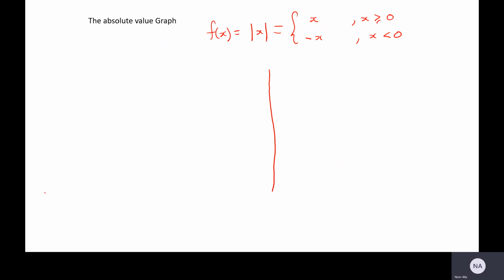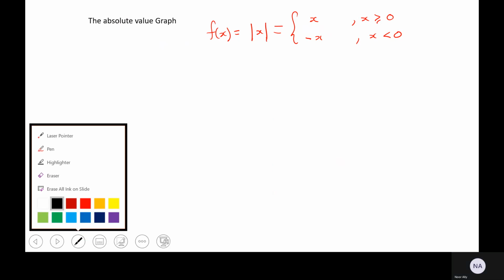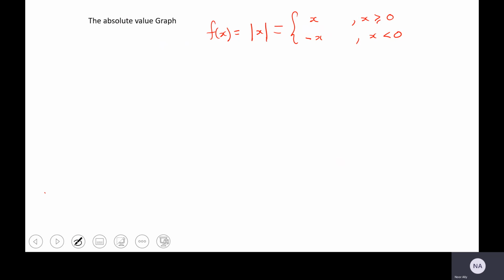the Cartesian plane into two parts. The first part is the case where x is greater than or equal to 0. Now, let me just try and get this as straight as possible. There you go. There's 0 here.